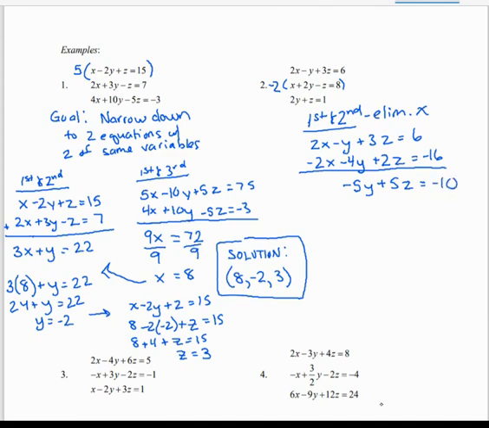Now what I have here is a system of 2 equations. This new equation of negative 5y plus 5z equals negative 10, and the third equation, which was 2y plus z equals 1. From here, I can solve using substitution or elimination to get rid of another variable.